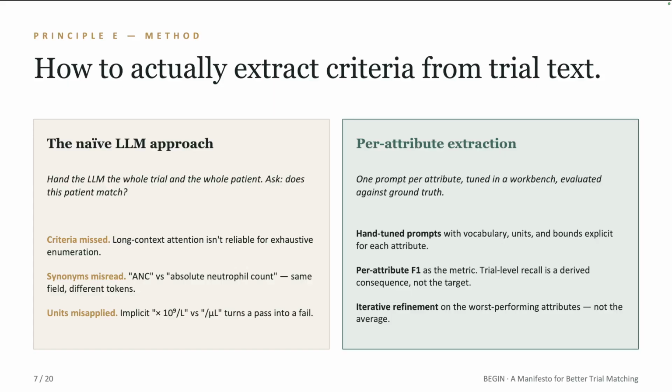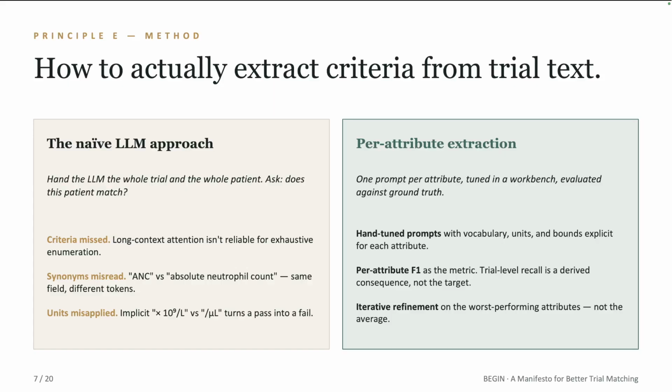Or you can do per attribute extraction, where you have a prompt per attribute created in a workbench used by subject matter experts, and then for each trial, those prompts are submitted to the LLM to get for each attribute the required values.